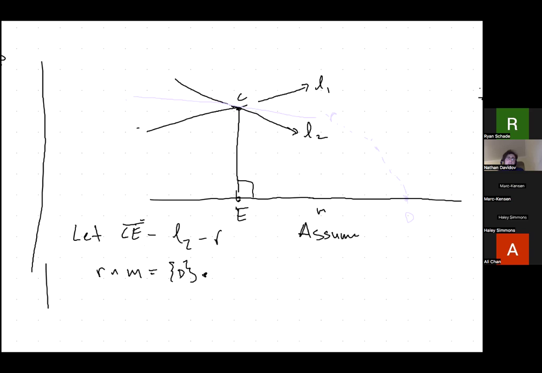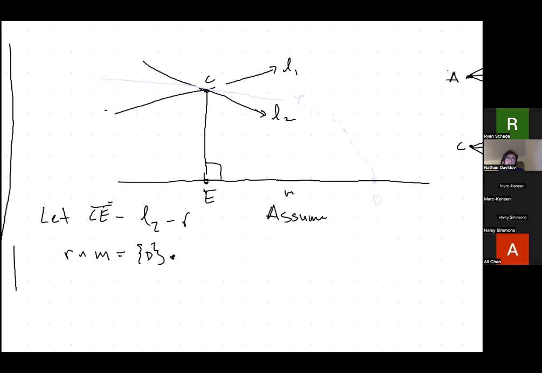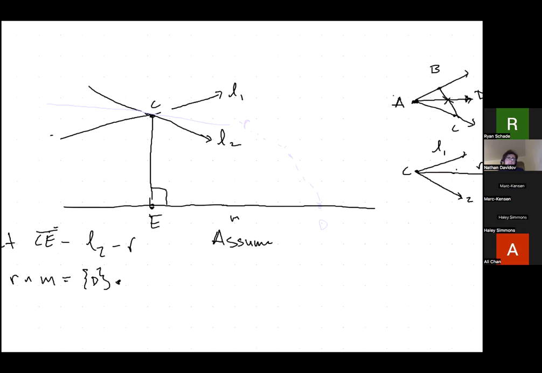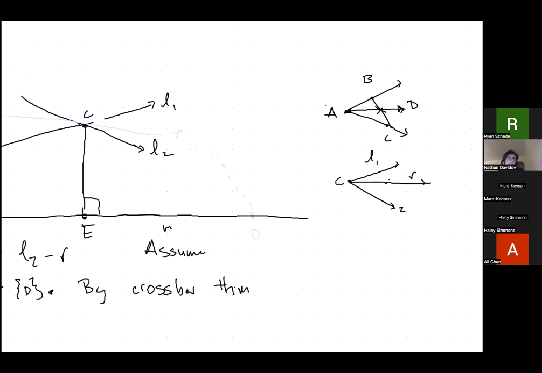Well, by crossbar theorem, we know that L2... Look, in this picture, I messed up, sorry. This is CE, that's this line here.